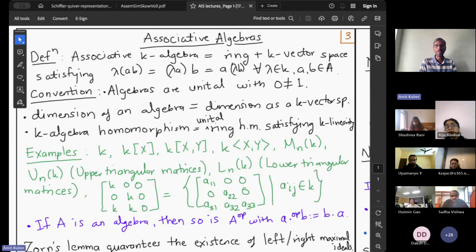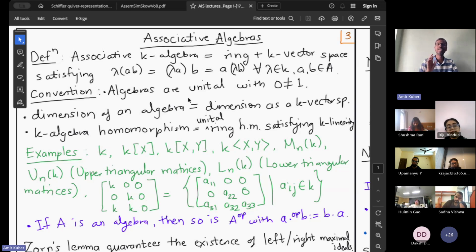There are no Lie algebras in the picture. The vector space structure and the multiplication structure have to be well behaved, so this identity must be satisfied: if lambda is a scalar, then lambda(AB) equals (lambda A)B equals A(lambda B). This is the compatibility relation between them.